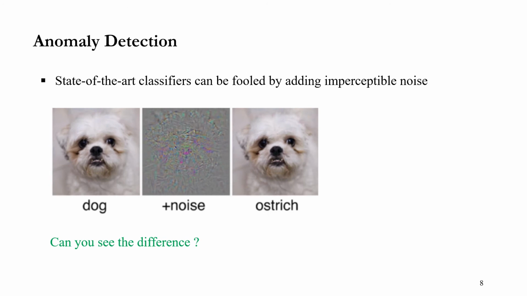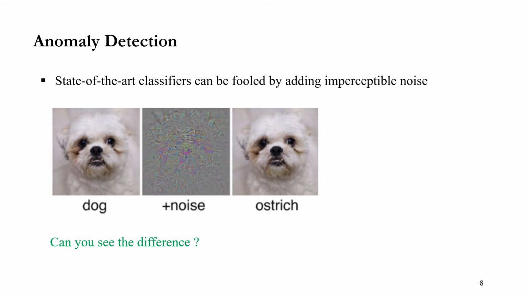Machine learning shows excellent performance in many areas, including image processing. But again, nothing is perfect, and machine learning algorithms in image classification still have some issues. This slide is one example.